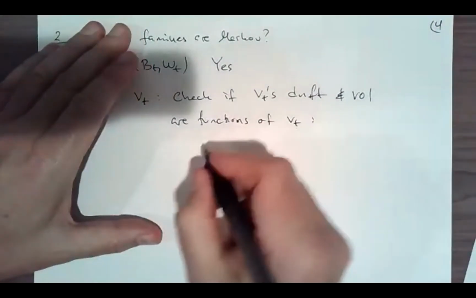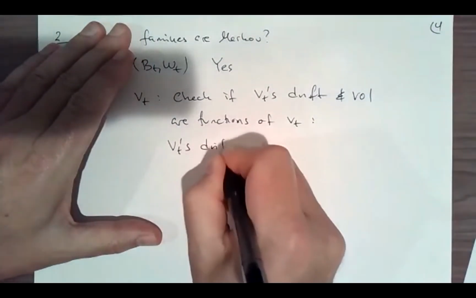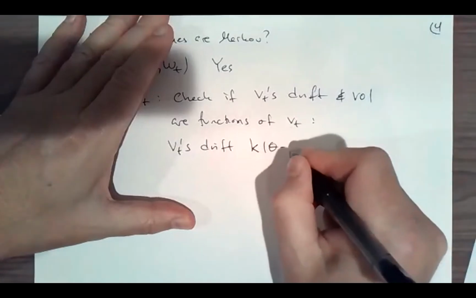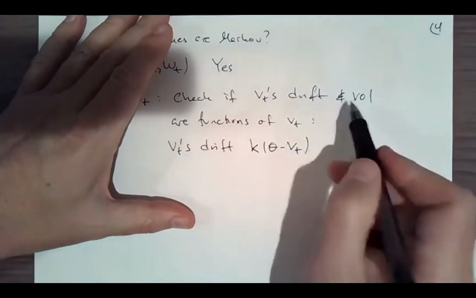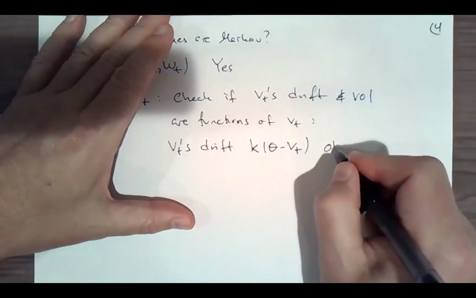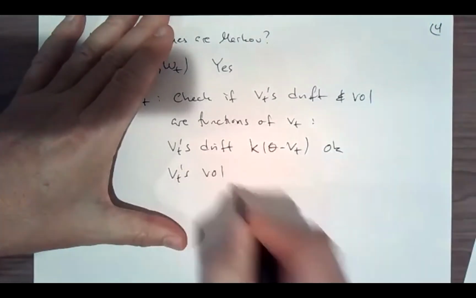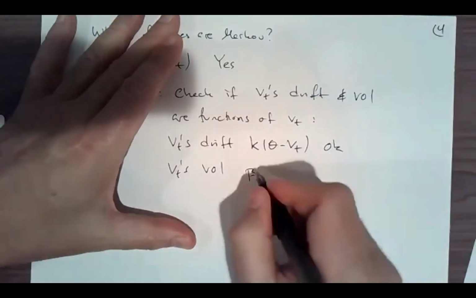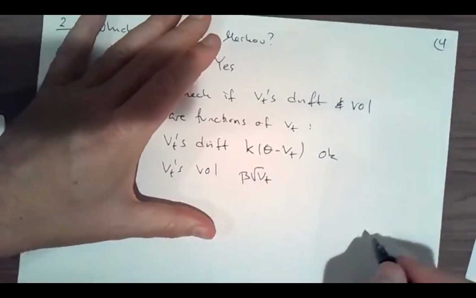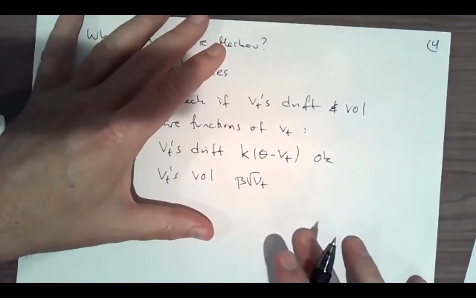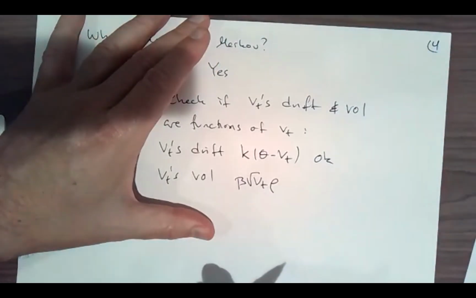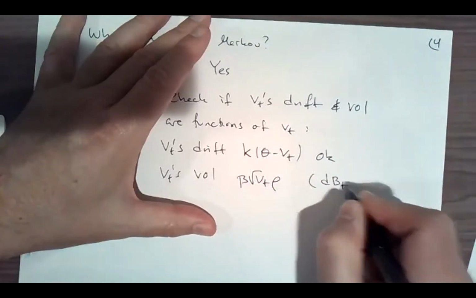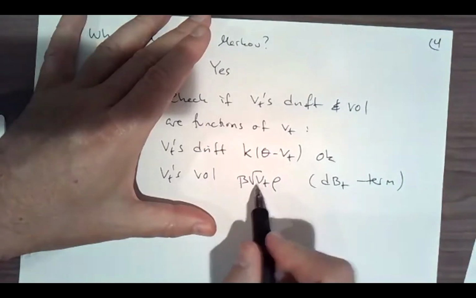VT's drift is affine, kappa theta minus VT. Is that just a function of VT? Yes, this is okay. And then VT's vol, this was beta root VT times rho. This was the dBT term. That one, yes, this is okay.